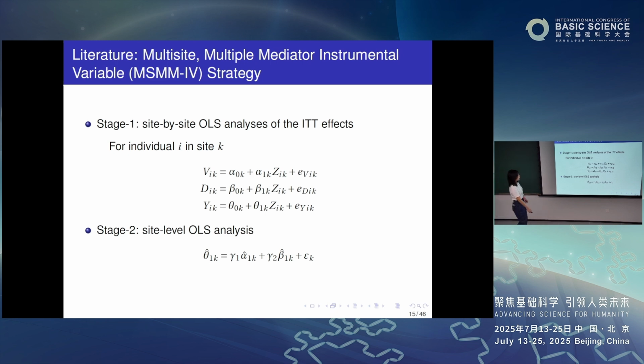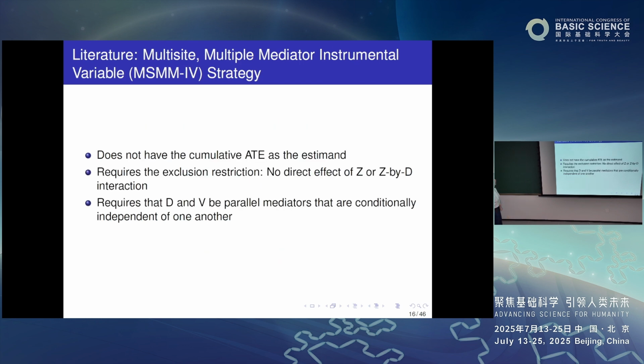But I would say that their framework does not formulate the underlying causal assumptions in a very clear way, and we hope to make things more transparent. But as we said, it does not have the cumulative ATE as an estimate. It's not what we want. And also, it requires the exclusion restriction. So they eliminate the possibility that there could be a direct impact of Z on Y or an interaction between Z and D. And also, they require that D and V be parallel mediators that are conditionally independent.